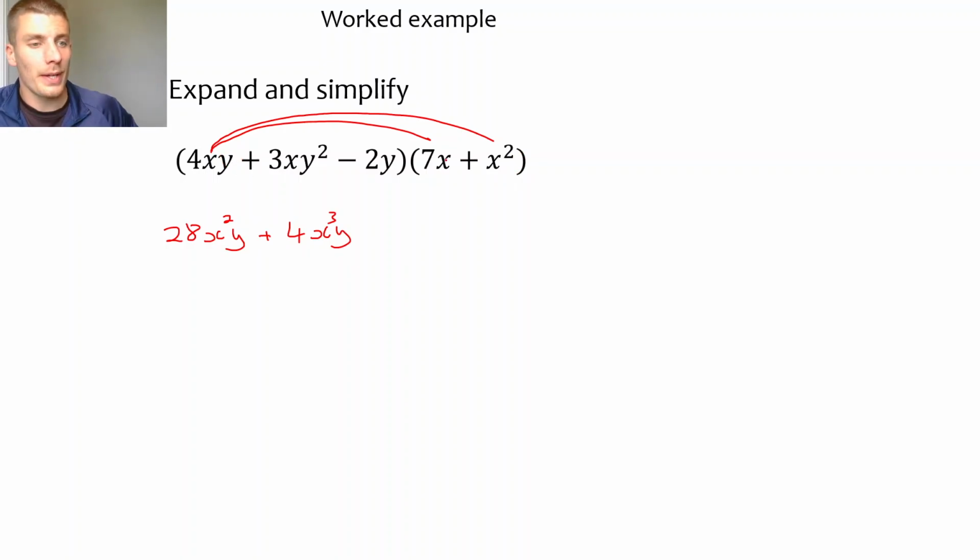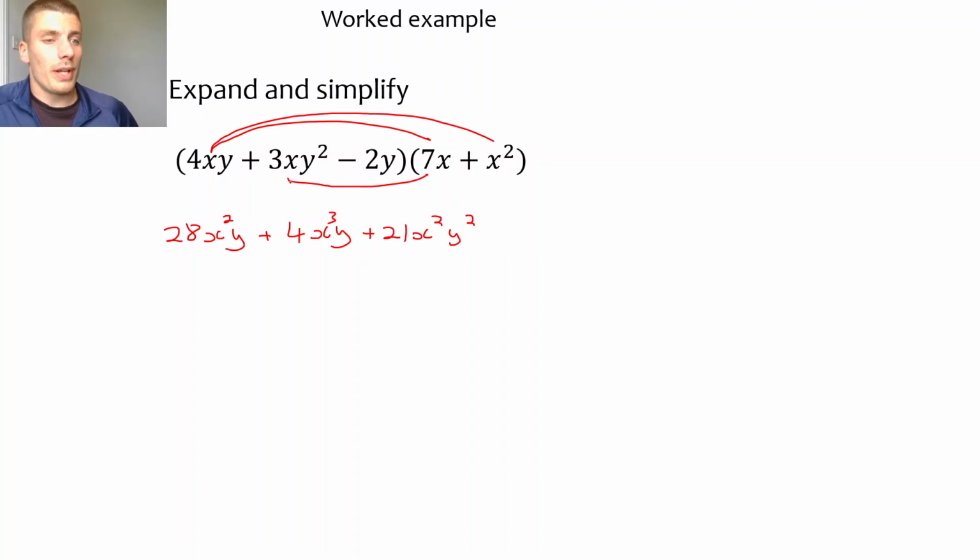That's your second term. We then go on to plus 3x squared, and we times by each of the terms in the second bracket, so plus 3 times 7 is plus 21. We've got x times x, which will give you x squared, and y squared times, there's no y here, so you just leave it as y squared.